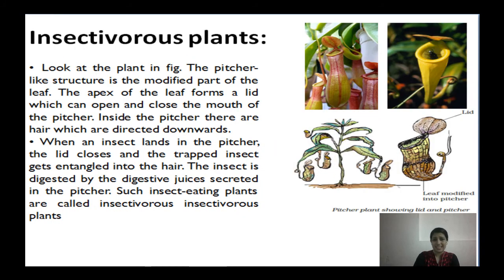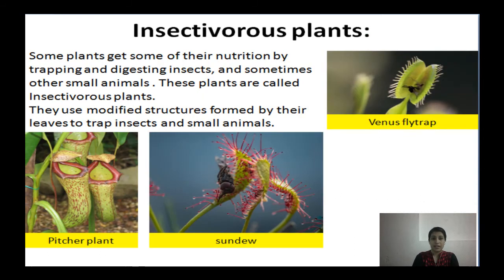Then second one is insectivorous plants. Some plants get their nutrition by trapping and digesting insects and some small animals also. So these plants are called the insectivorous plants.